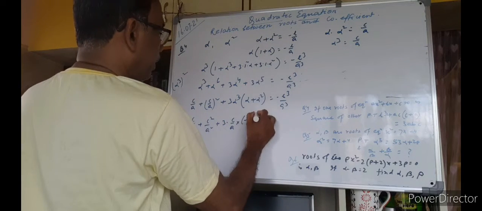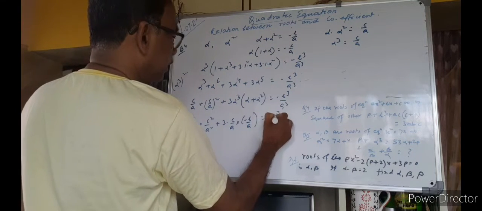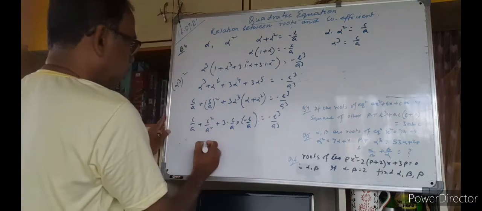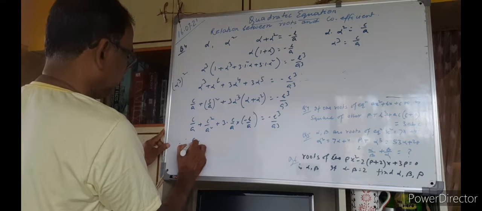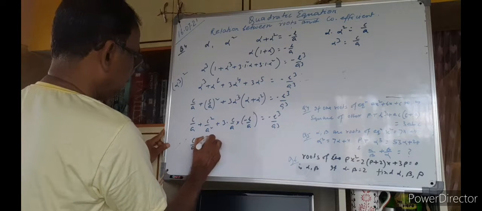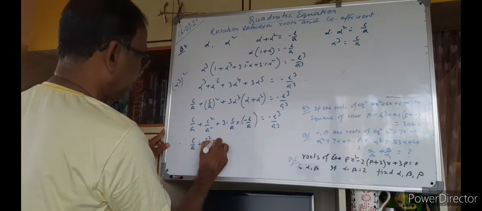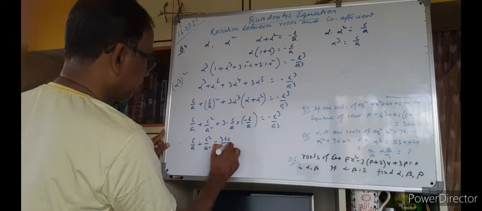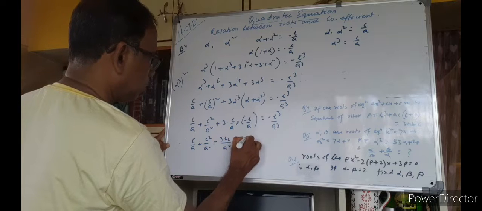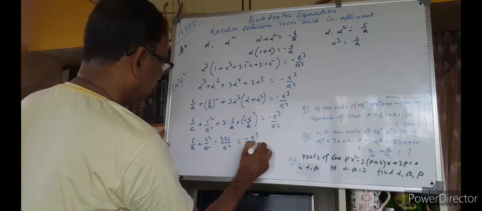So c by a plus c square by a square minus 3bc by a square equals minus b cube by a cube.